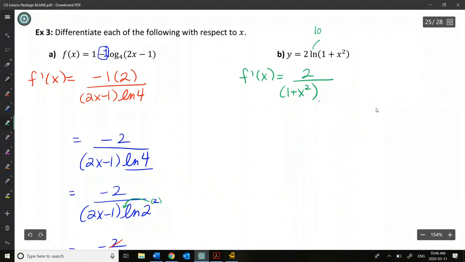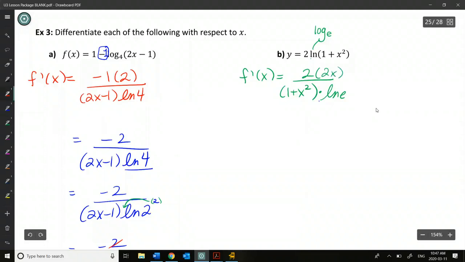So guys, remember, ln is the log with base e. So what should I be multiplying by technically in the denominator here? Or ln e, right? Ln of the base. But that's just 1. Yeah, it is just 1, but I want to make sure that you guys know that. And then you're multiplying by the derivative of this inside function. So the derivative of 1 plus x squared, that's 2x.